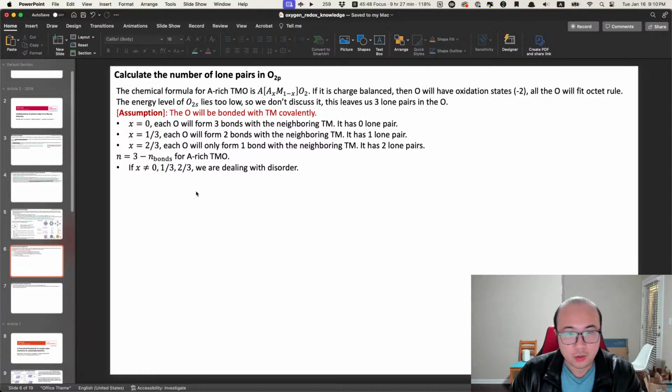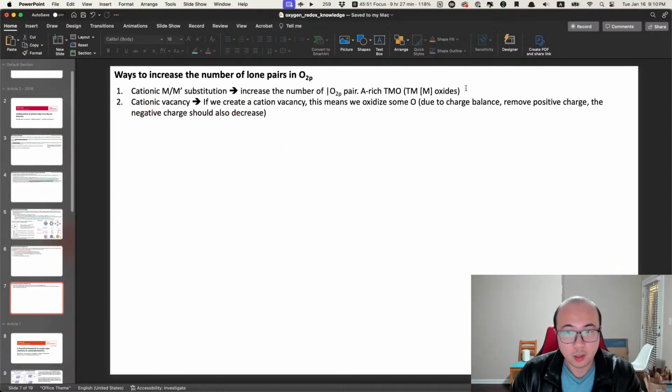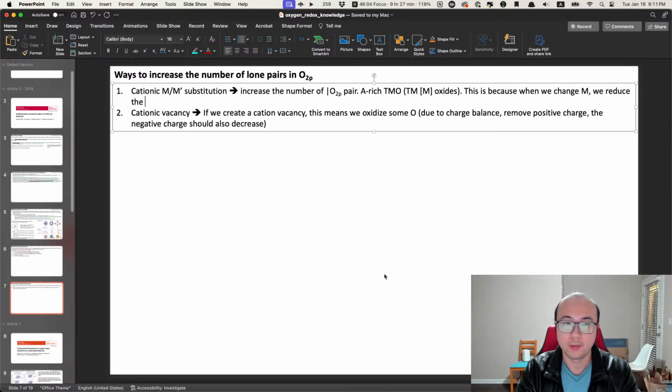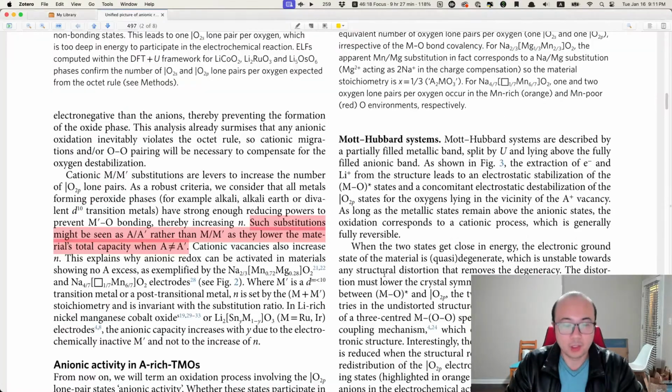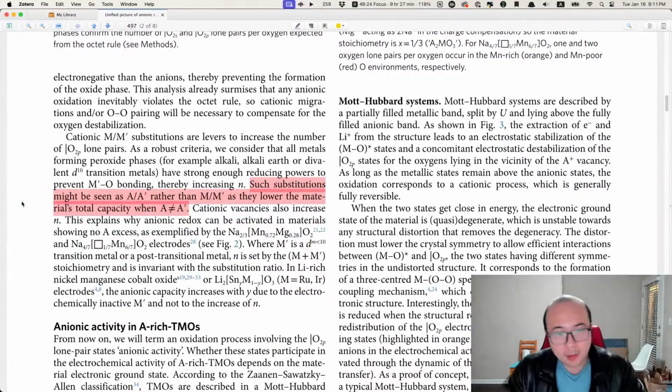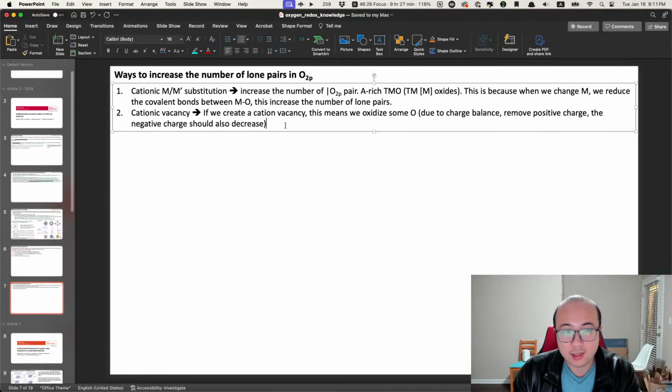Okay, so when we understand this, we know why the number of lone pairs increases. This is because we reduce the covalent bonds between them. This increases the number of lone pairs, and also, yeah, cationic vacancy is the same.